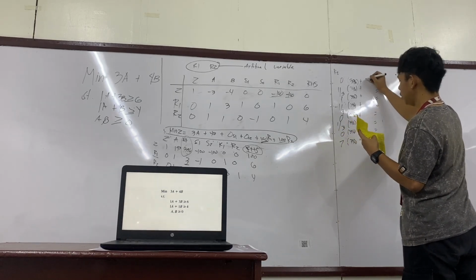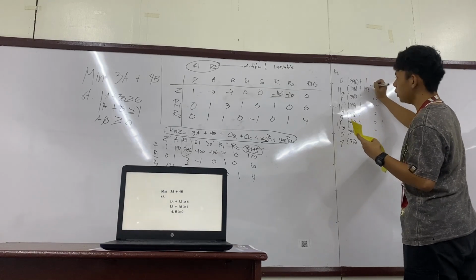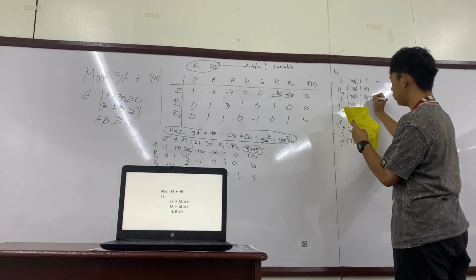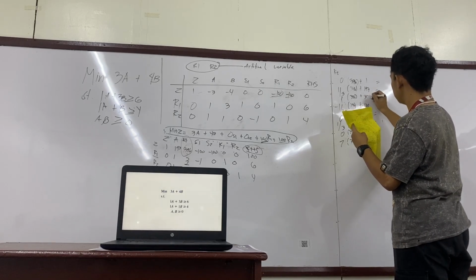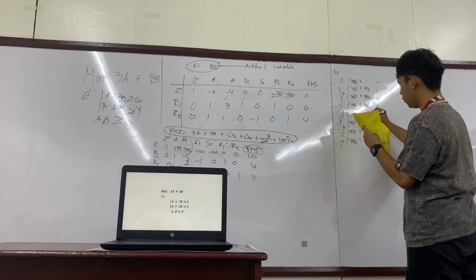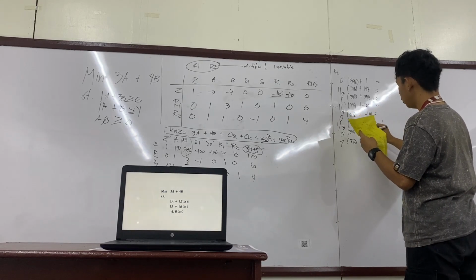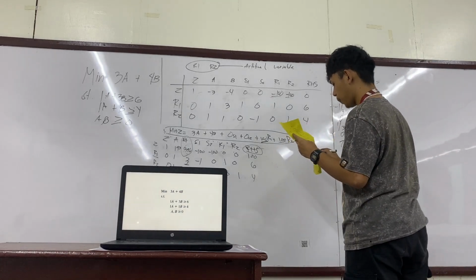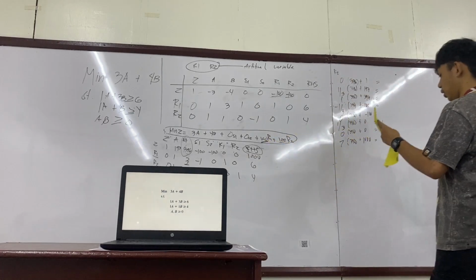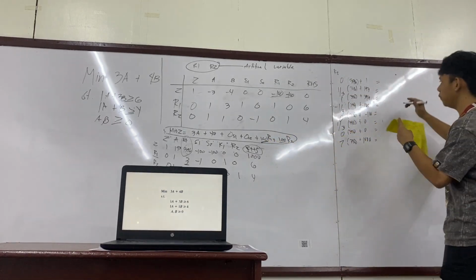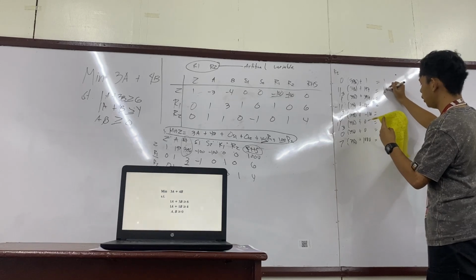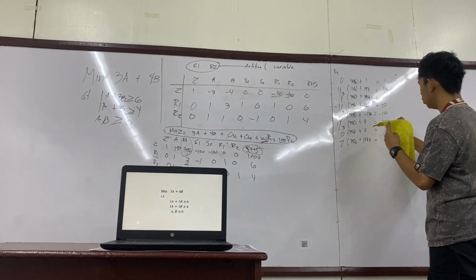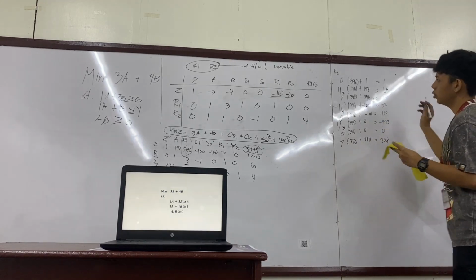Then plus 197. This is the 0, 187, 396, negative 100, 0, 0, then 1000. So let's solve it. So it's 1, 5, 0, 2, 100, 0, and 2.